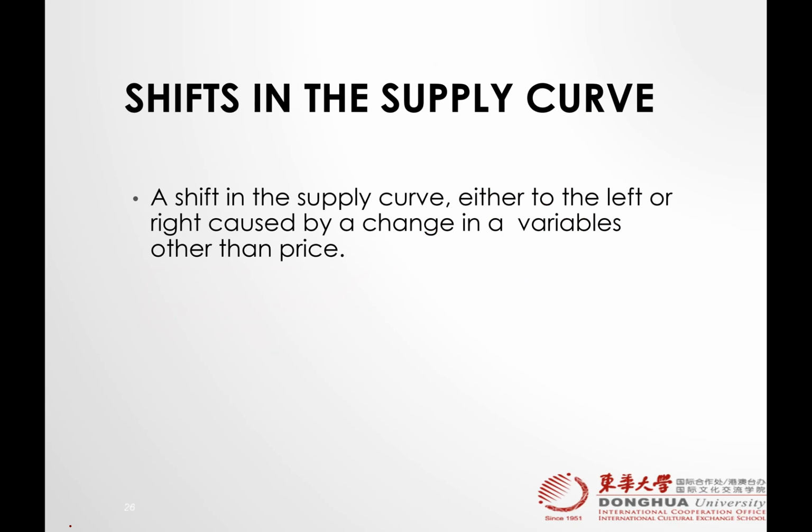Okay, now shift in supply curve. Same logic that we talked about in our demand. What did we talk about over there? If there is a change in quantity demanded and the reason is not price, then we call that a shift in the demand curve. The same logic applies here. If there is a change in quantity supplied and the reason is not price, it is a shift in the supply curve, either left or right, caused by a change in a variable other than price.